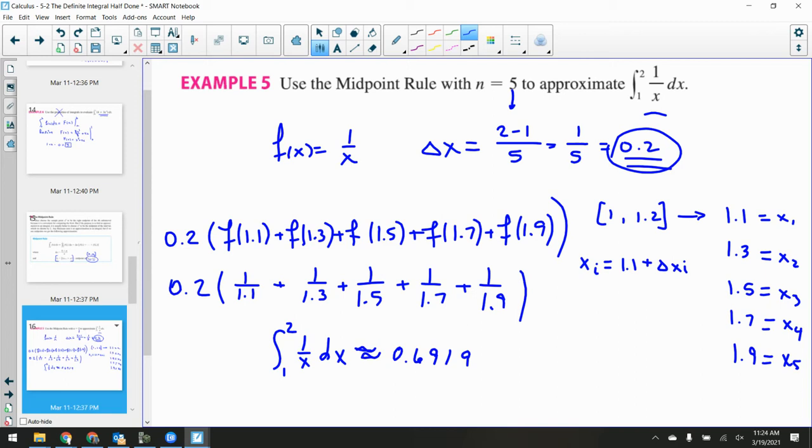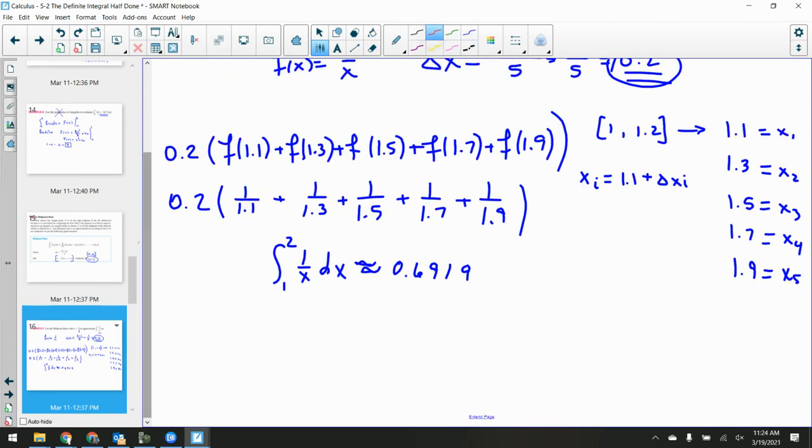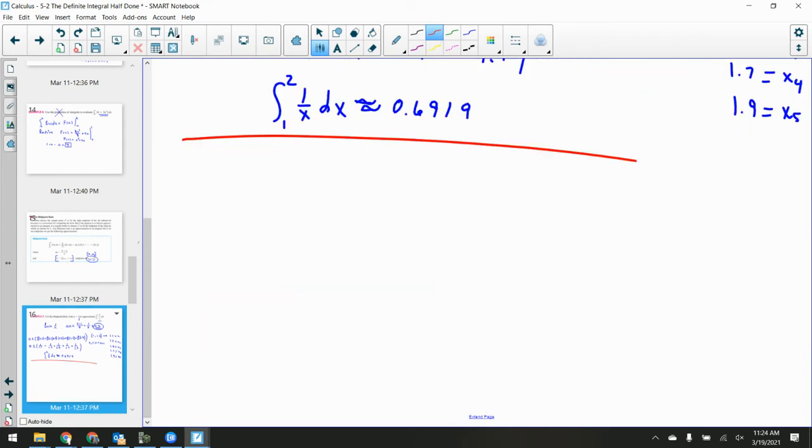Now, what's interesting to point out here is that I'm using the midpoint rule here, right? That's the approximation. Could we possibly find out the actual amount? Yes, because I've taught you the shortcuts. So I'm going to find the integral from 1 to 2 of 1 over x dx. Well, think about this. f of x is equal to 1 over x. What is capital F then? Oh, isn't that ln of x?